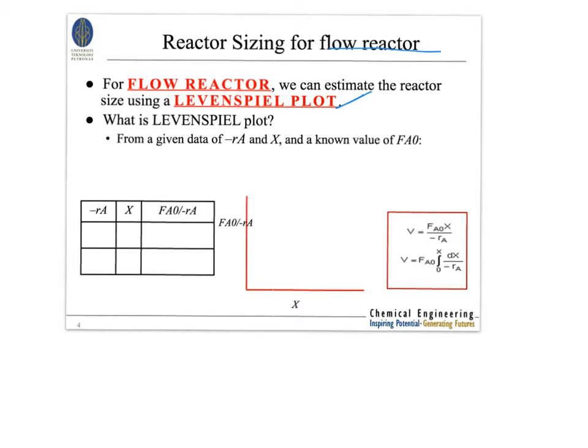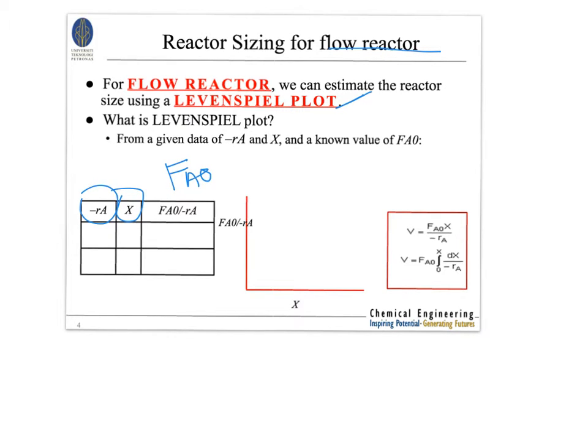In an engineering problem, you will be given a set of data for the reaction rate and the conversion X, and we also give you the known FA0, the initial molar flow rate.